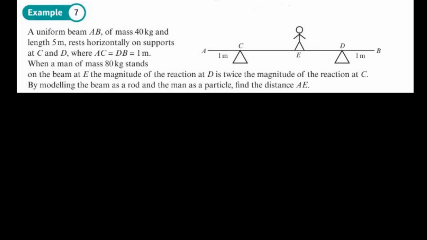Let's go ahead and model this man who's standing on the plank. We know that he has a weight of 80g and he's standing at a point E, which we don't actually know.